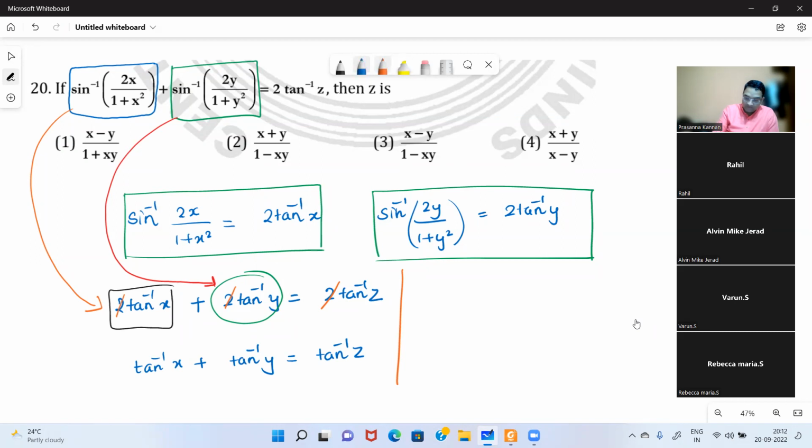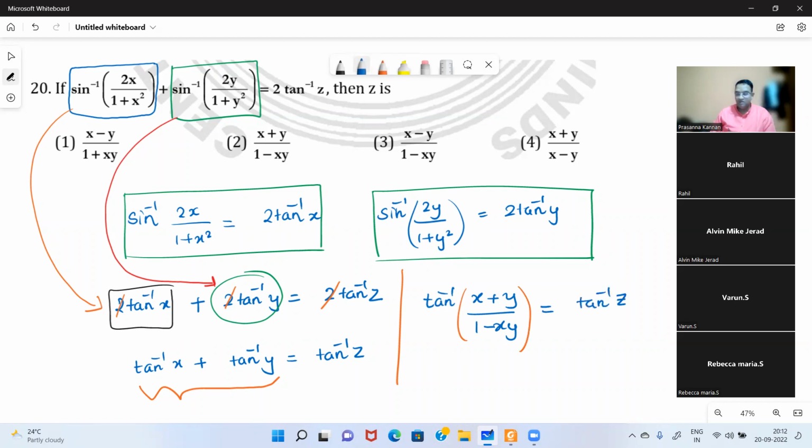So what is the tan inverse x plus tan inverse y formula? Tan inverse of x plus y by 1 minus xy. That is your tan inverse of x plus tan inverse of y, and that will be equal to tan inverse z. If you take tan on both sides, then tan of tan inverse will be gone.